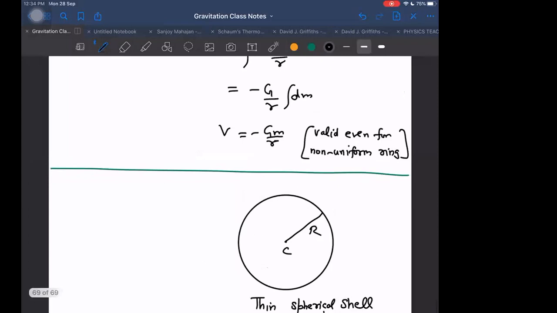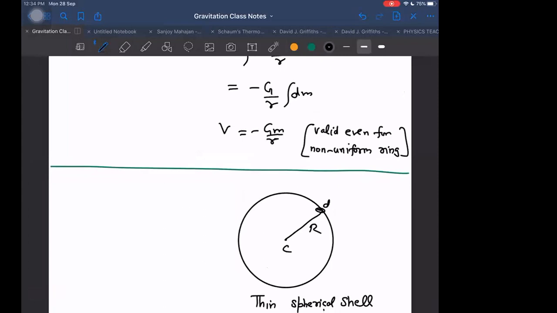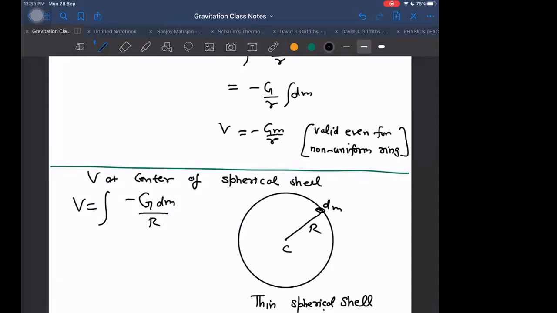I can take element by element, dm element, and then I will write. You're finding at the center, sir. Only at the center. V at the center of a thin spherical shell, also I should mention, because all distances will be the same, or hollow sphere.